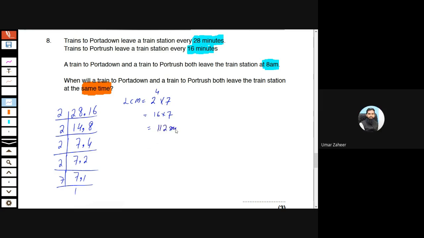112 minutes, obviously. Now let's see how to convert the minutes into hours. In 112, obviously you have 1 hour in it. So 1 multiplied by 60 plus how many minutes are left?